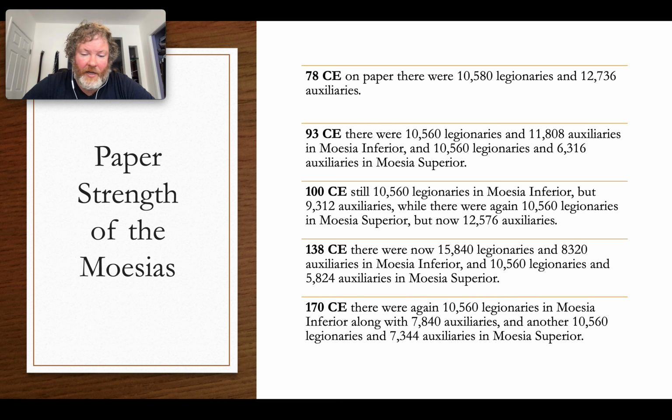So one of the interesting things we can see, and one of the reasons why Moesia is an interesting one to do, is if you look here, in 78 there are 12,000 auxiliaries, but then in 93 there were 18,000 plus. So a big jump in legionaries too, but also a big jump in auxiliaries. And then in 100, it goes up again, just pushing a little under 22,000 auxiliaries.